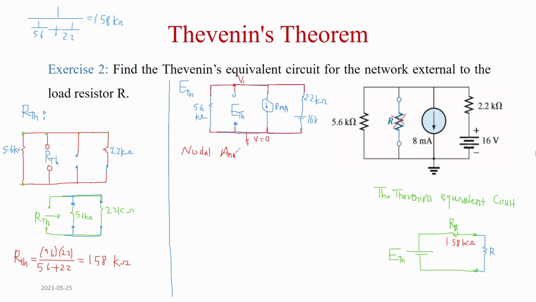As I said, you can use any technique just to find the voltage between these 2 points. So at the node, I have current here. I'm going to assume it's leaving. Let me change the color so you can see it. Current here, I'm going to assume it's leaving because I don't know.